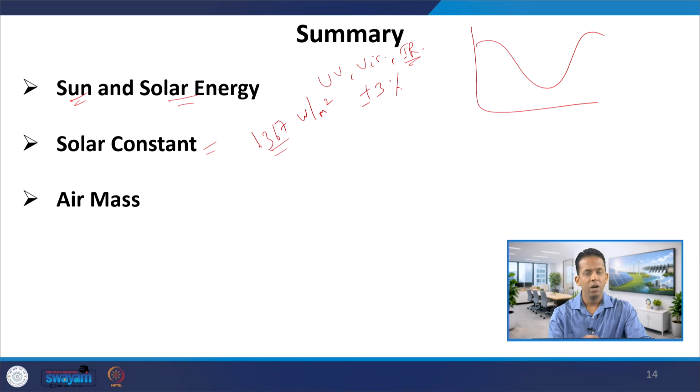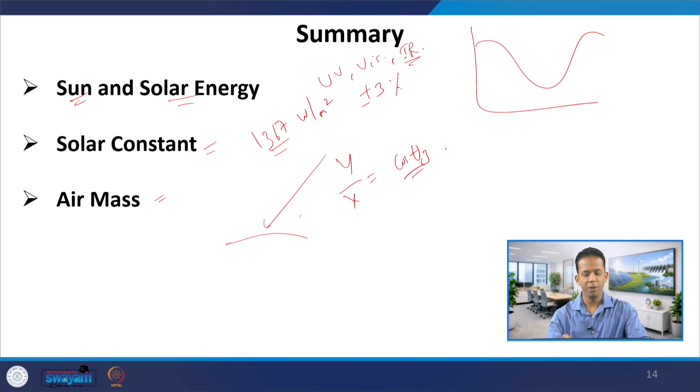And then finally we looked at the concept of air mass, which tells us the distance traveled by the sun rays through the atmosphere before they make their way to the surface of the Earth, and it is given by y by x or 1 by cos theta z.